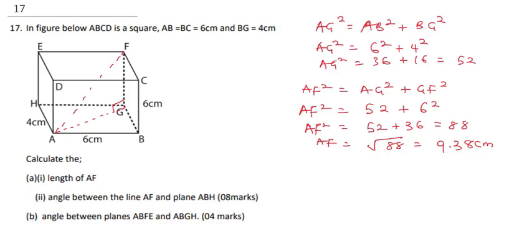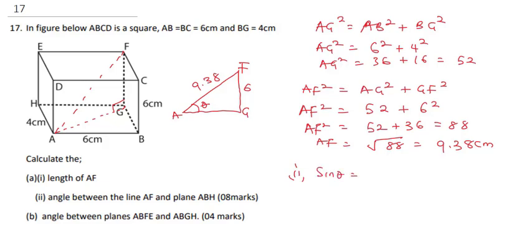Now, to find the angle between the line AF and the plane ABGH, I'll call here my A, here my G, and here my F. So you can see AF and the plane ABG. Recall that our AF here is 9.38 and our FG is 6. So this is the angle we are looking for. Let's call it theta. For part II, we'll use sine theta.